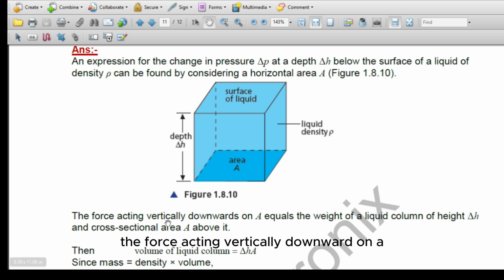The force acting vertically downward on A equals the weight of the liquid column of height delta H and the cross-sectional area above it.